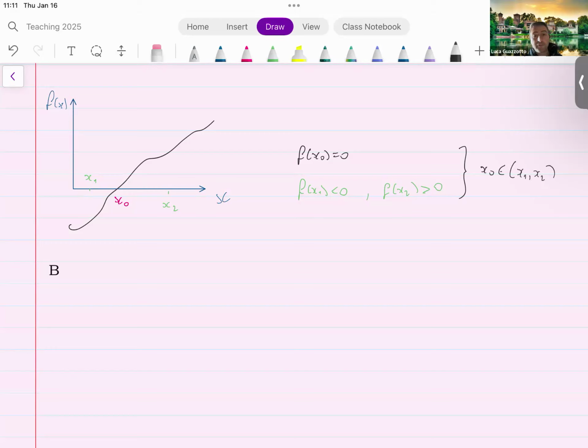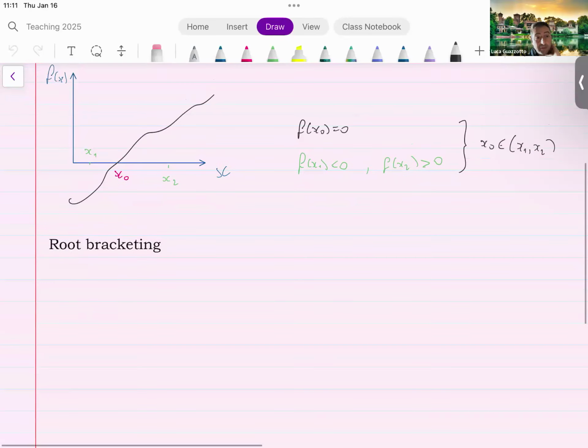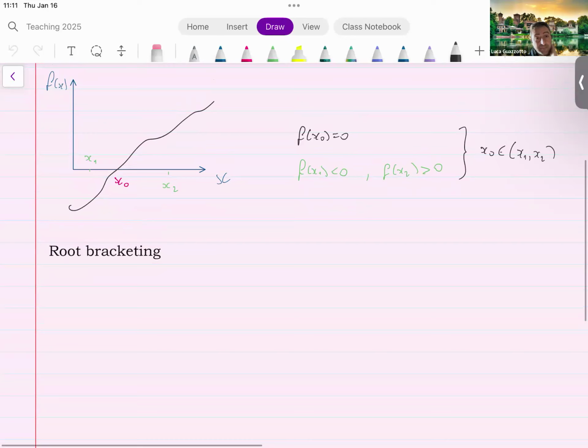Since we're dealing with numerics, math is not as exact as in courses in the math department. That means that numbers are not exact numbers.